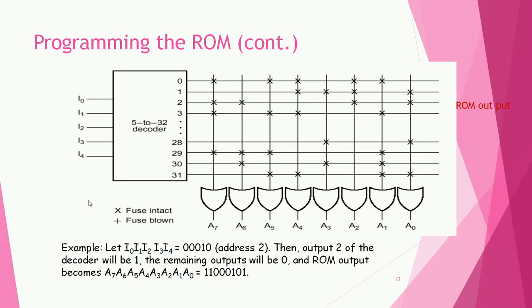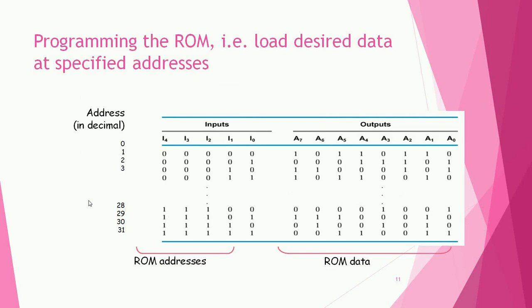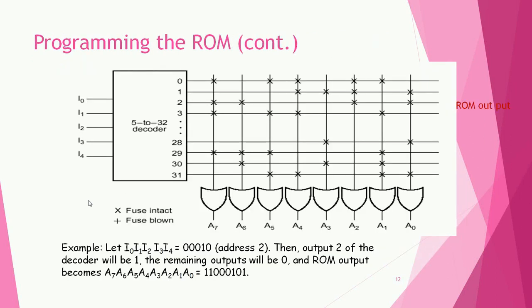So if you want to store 1, observe the location I0, where we have to store 1 0 1 1 0 1 1 0. We will put the cross marks over there as shown in this diagram.